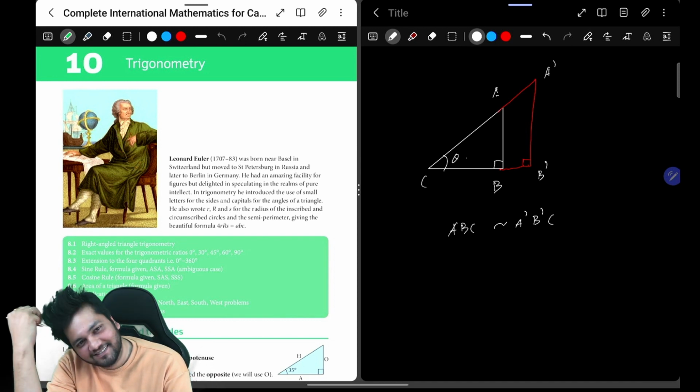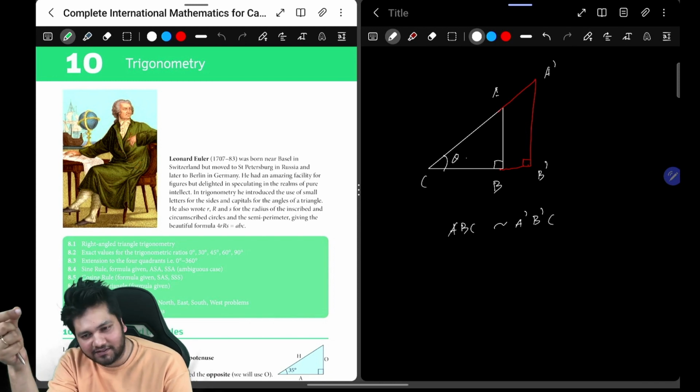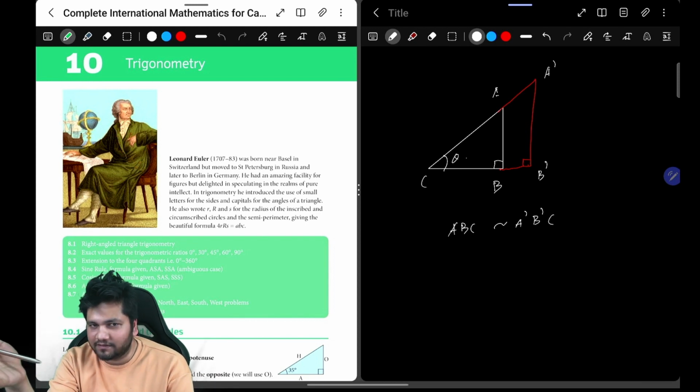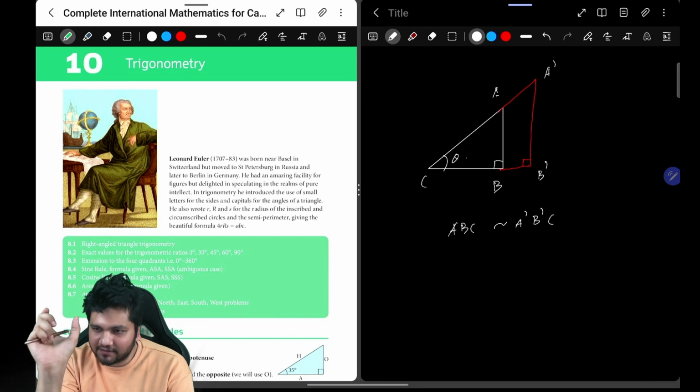I get confused between the tests of similarities. Arre, the best test of similarity of triangles is what? The ratio of the sides and the angles are the best. The same one is just angles are congruent. Yeah, the angles are equal. Ratio of the sides and the angles are the same. Arre, sides we don't even know here. No, I'm only saying that the triangles are similar.